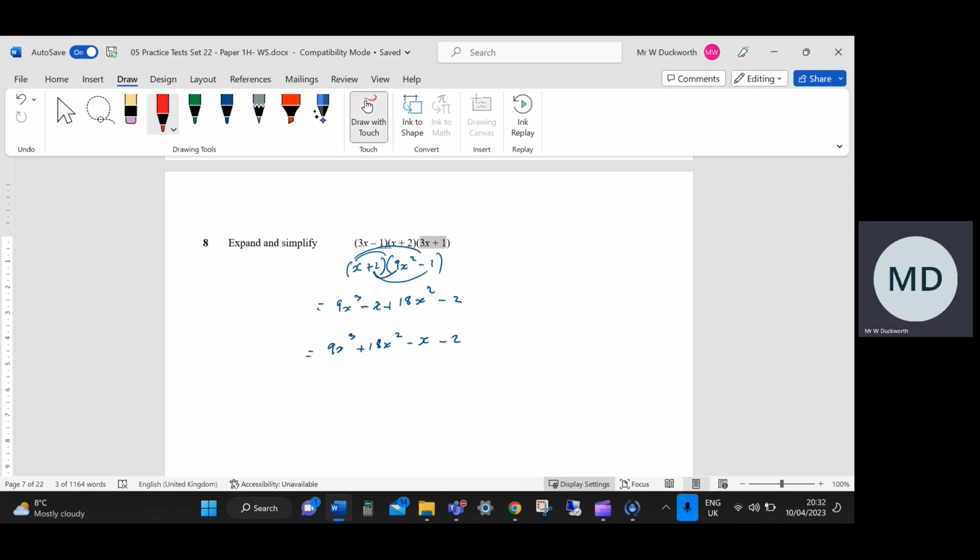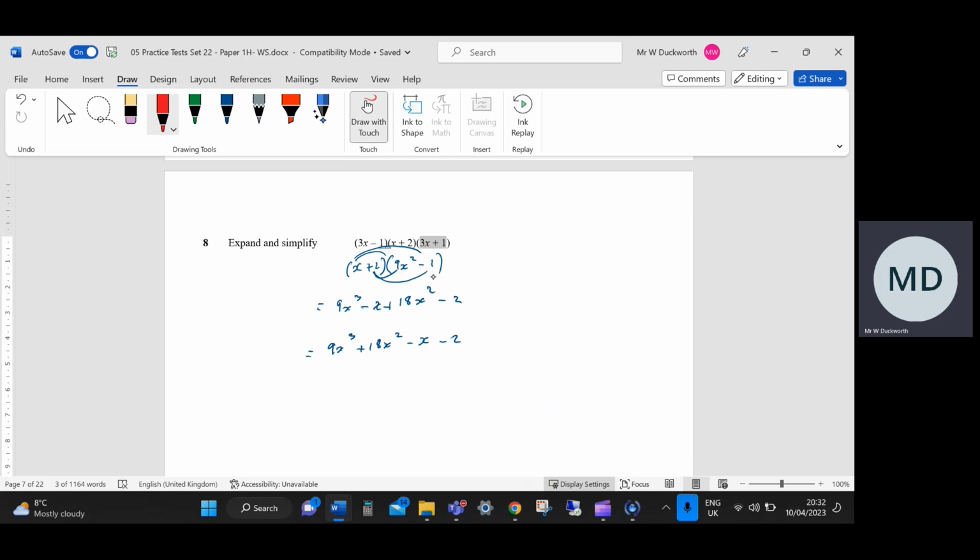Okay, for question 8 then, let me find it. They haven't spotted in the mark scheme that it's a difference of 2 squares, I don't think. Interesting. M1 for correct intention of multiplying out all 3 factors by multiplying 2 factors, allow for 1 error.